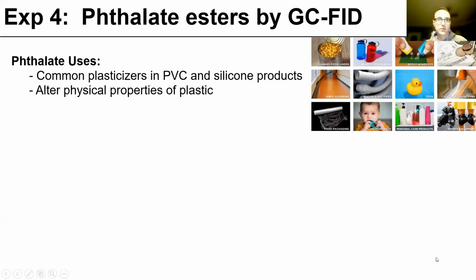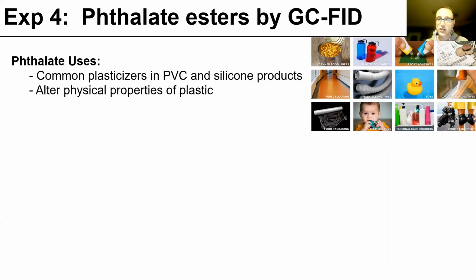All right, so what are phthalates used for? These are commonly used in polyvinyl chloride plastics or silicone plastics, and they're used to alter the physical properties of those plastics. So this could be to make them more malleable, more flexible. It could be to make them more durable.